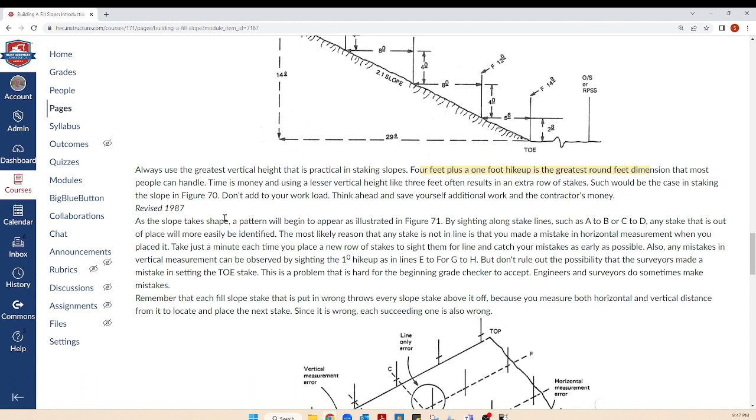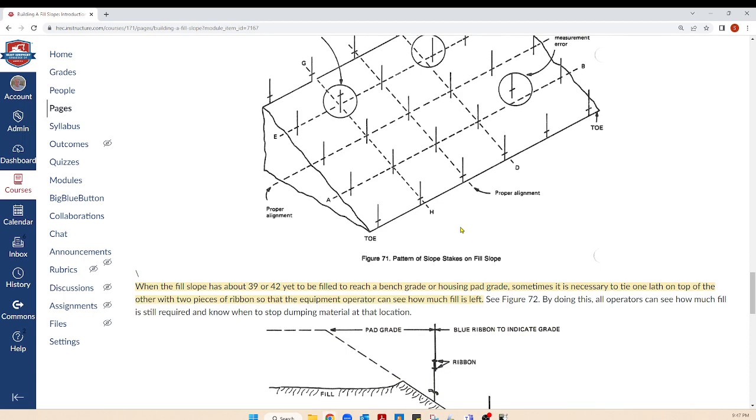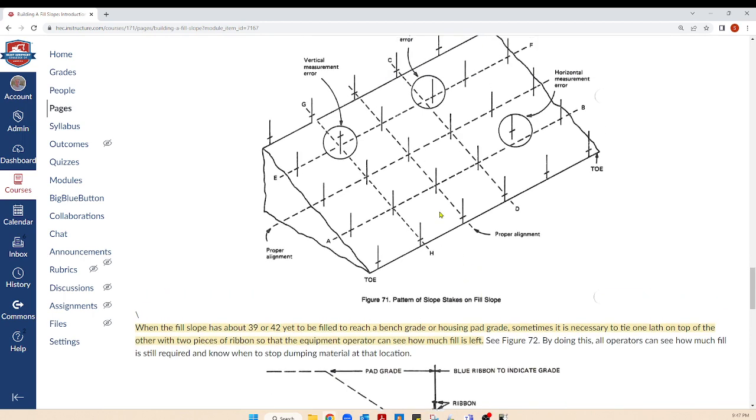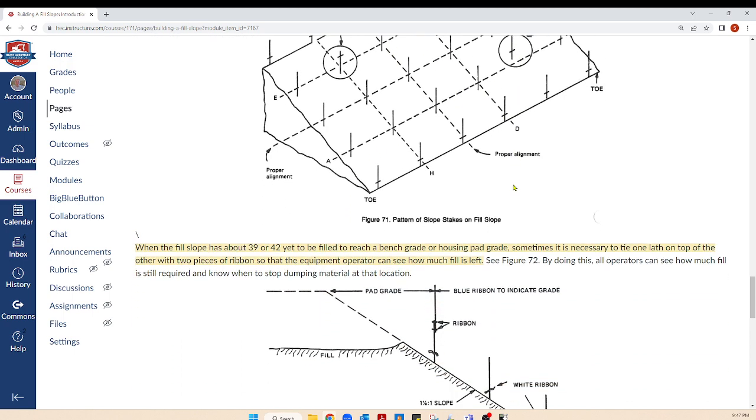Okay, as the slope takes shape, a pattern will begin to appear as illustrated in figure 71: the pattern of slope stakes on a field slope, all lined up this way. It's real important.